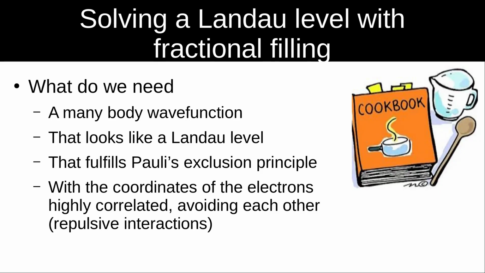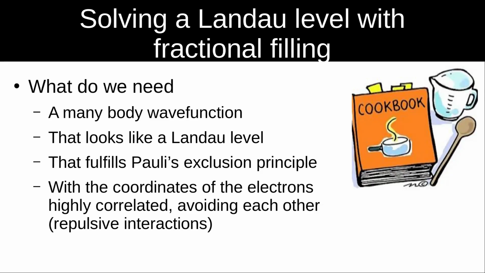And this is, of course, a very non-trivial statement, but there's a relatively nice heuristic way of building such a wave function. So what we need is a wave function with a fractional filling. So it has to be a many-body wave function. It should look like a Landau level. So the wave function for the filled Landau levels that we got before may be a very good starting point. It should still fulfill Pauli's exclusion principle because even when we have fractional filling, our electrons are still electrons and they have to give rise to an antisymmetric wave function.